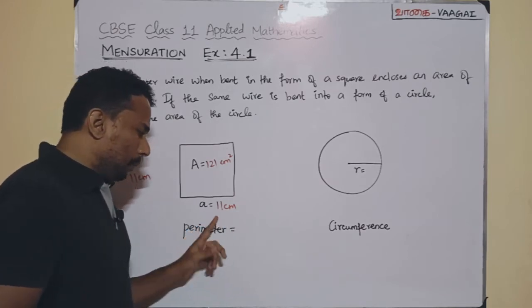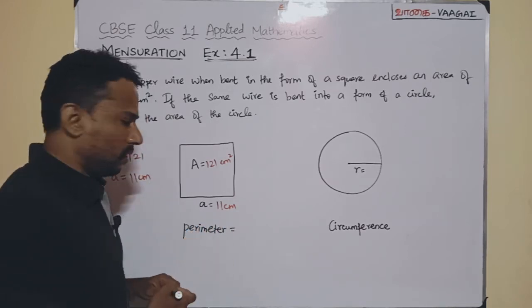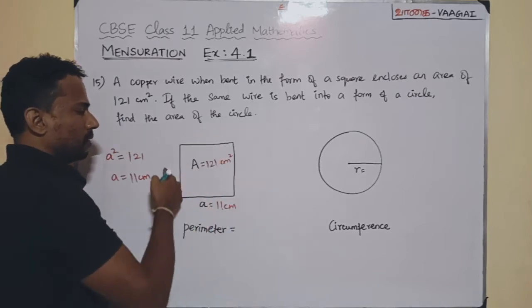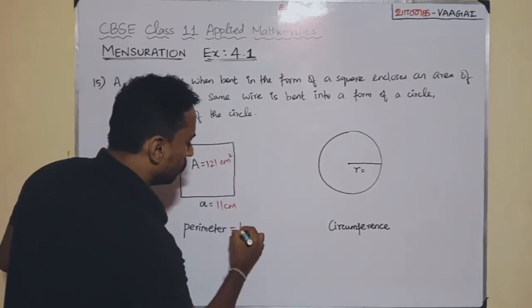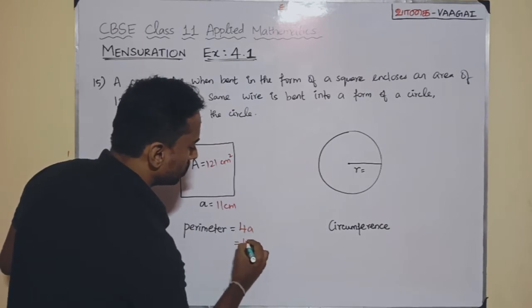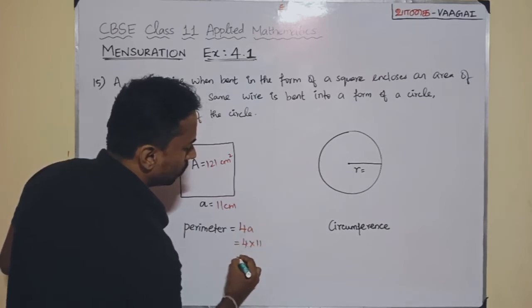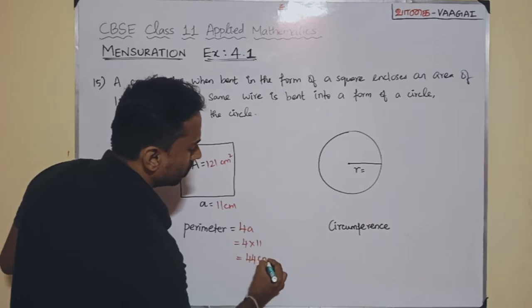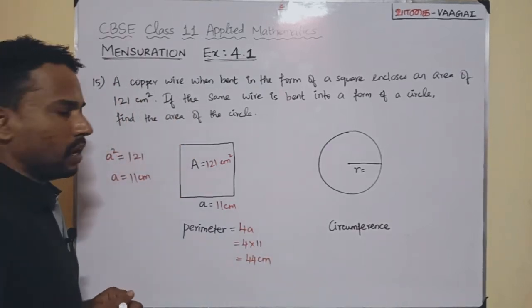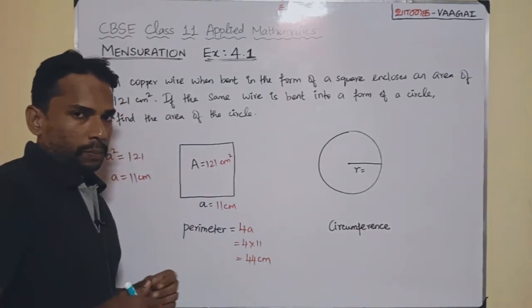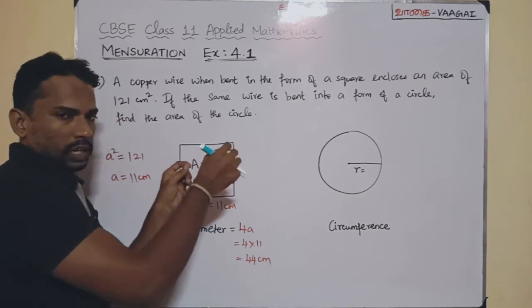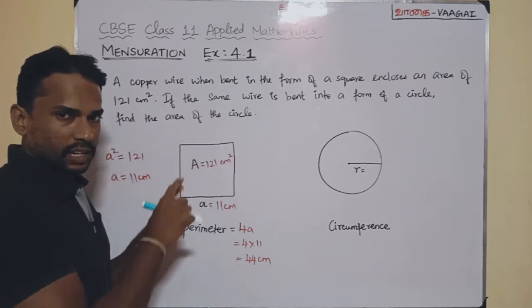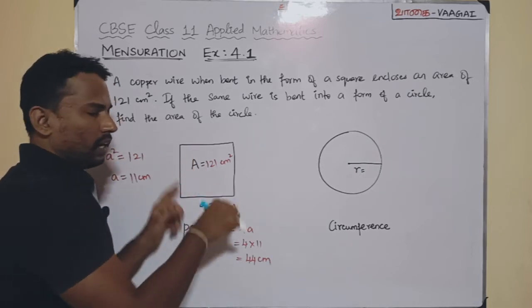Now what will be the perimeter of that square? Perimeter will be a plus a plus a plus a, because the four sides we have to add up. So 4a. So 4a will be 4 times 11. This is equal to 44 centimeter. Now why are we finding the perimeter of the square? Because this 44 centimeter wire is what is spanning as a square, and also as a circle.